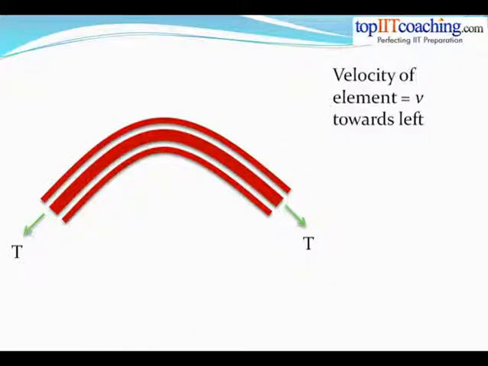This man will see the string moving towards the left with a velocity v. That's the reason that the velocity of the element is v towards the left. Let the length of this element be delta L. Delta L is a very small quantity because we've just considered a very infinitesimally small portion of the string.